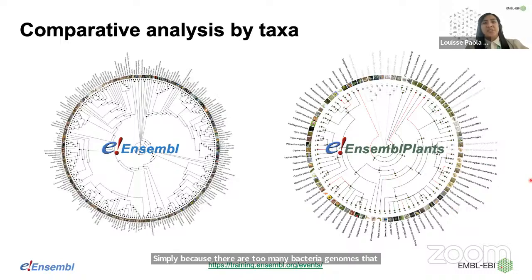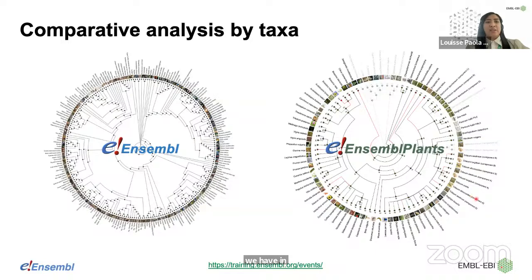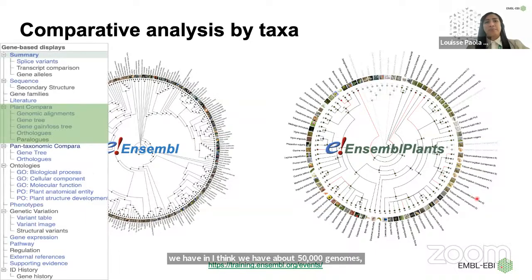I think we have about 50,000 genomes available right now. You can find the comparative genomics data under the Gene tab, which I will show you during the demonstration. And whenever you see the word Compara in Ensembl, this just means comparative genomics. So we've just shortened it. So if you hear me say Compara, I mean comparative genomics.